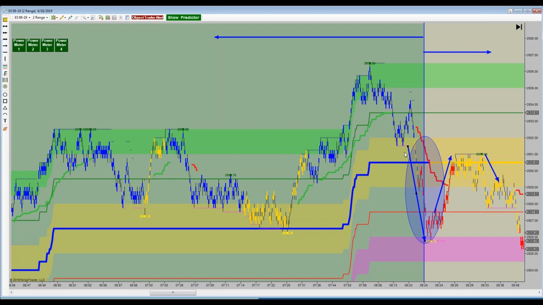So here again, the thrust has taken out support, the background color changes, right? And we thrust back up in what used to be the uptrend direction. But what happens when the market gets to right here?